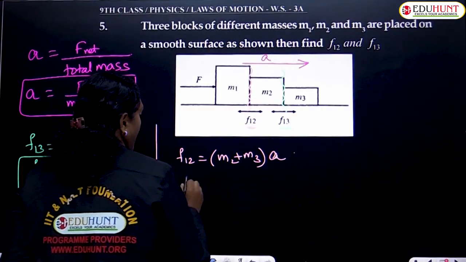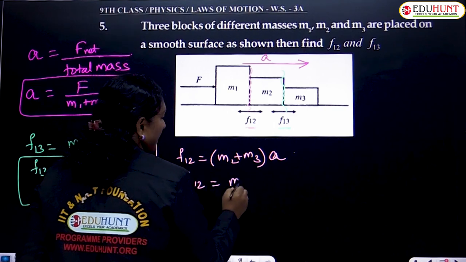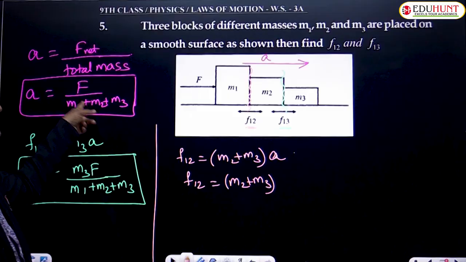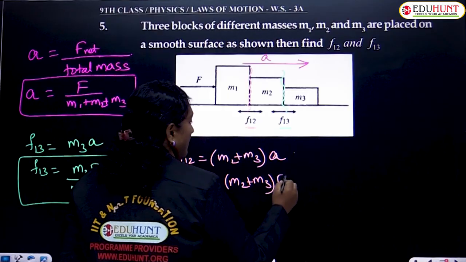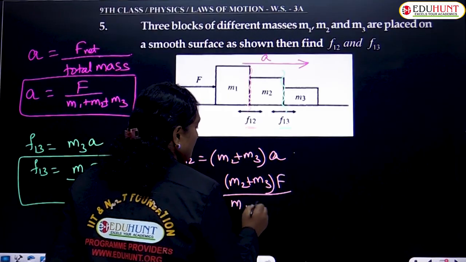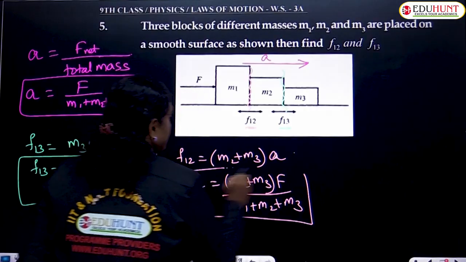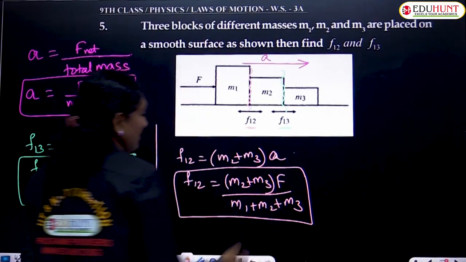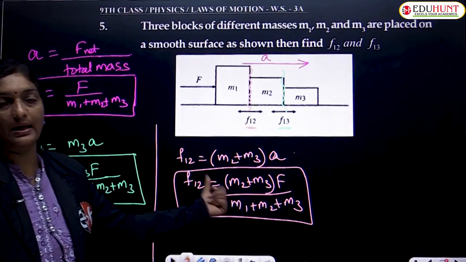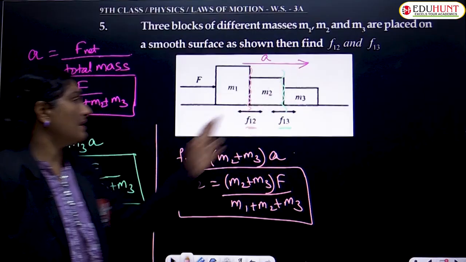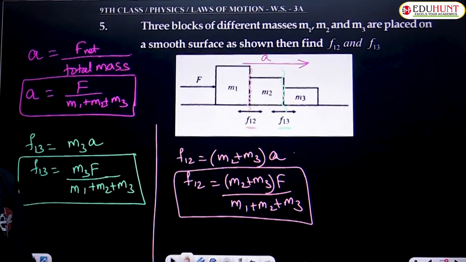The acceleration of the system is F upon M1 plus M2 plus M3. Hence, F12 is found to be M2 plus M3 times F by M1 plus M2 plus M3, whereas F13 is found as M3F by M1 plus M2 plus M3. That's it.